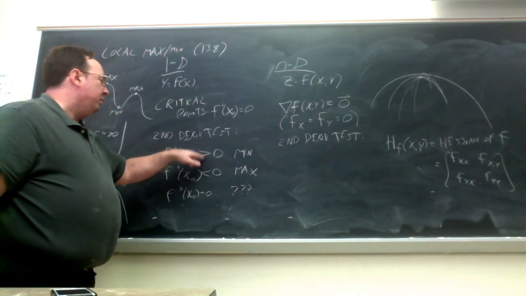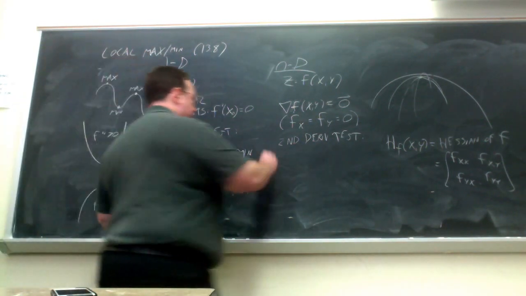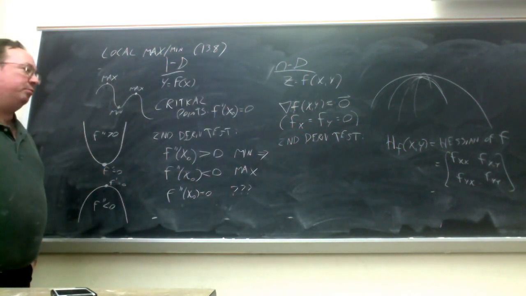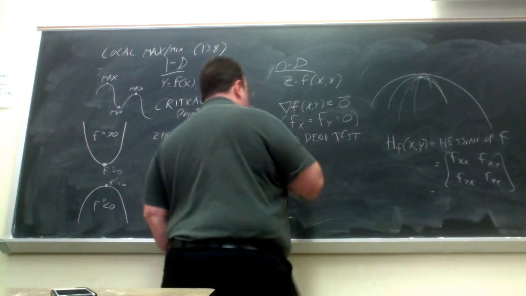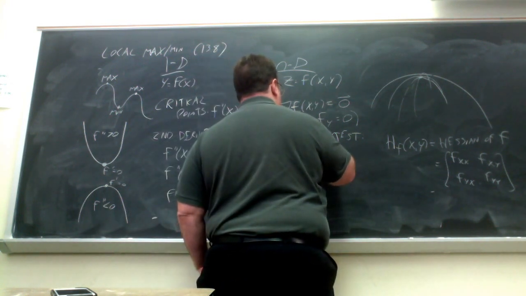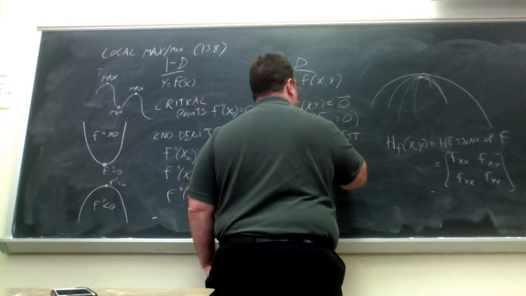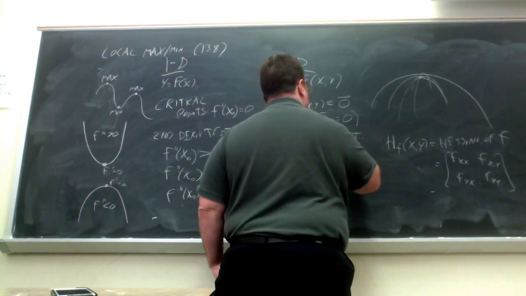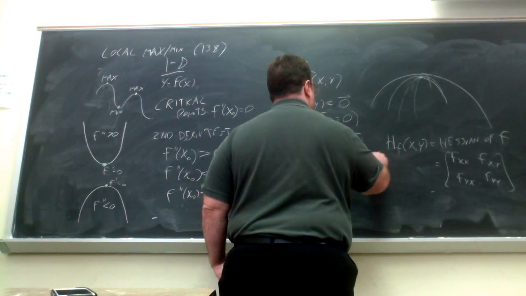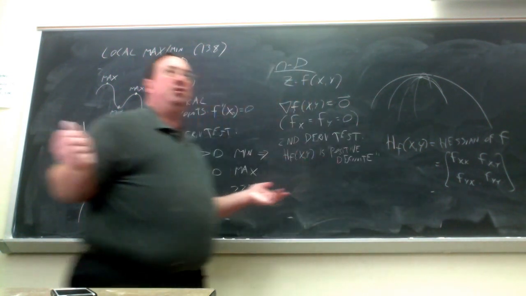So what's the counterpart to this? Second derivative in one dimension is positive, and therefore it's a local minimum. So the Hessian is what is called positive definite. But that's a linear algebra term, which I'm not going to get into.